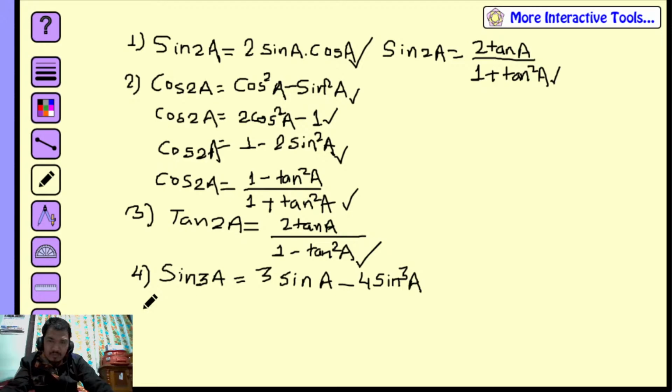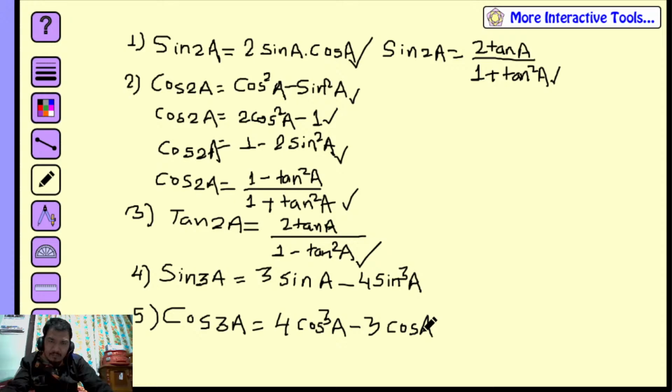And there is another very important formula: cos 3a in terms of cos a. Cos 3a means 4 cos cube a minus 3 cos a.